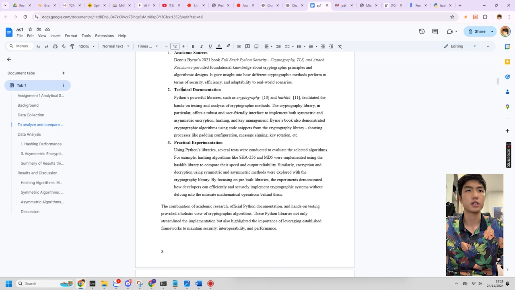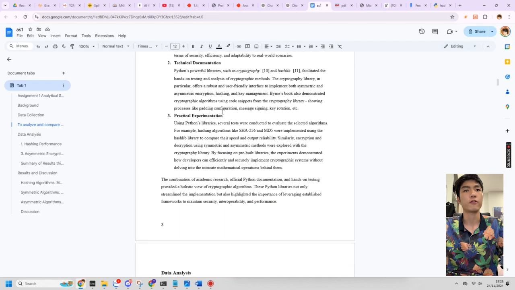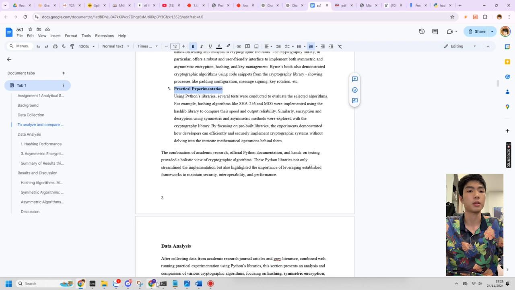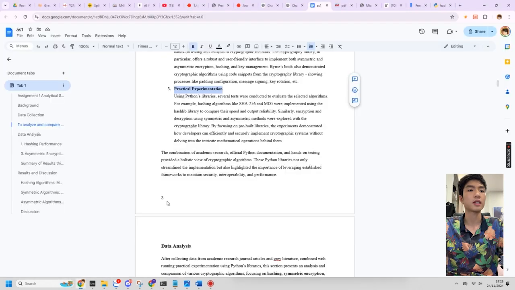For technical documentation, I utilized the different Python libraries and online resources. And for practical experimentation, I utilized Python on my computer to run practical tests that compare the cryptographic methods.